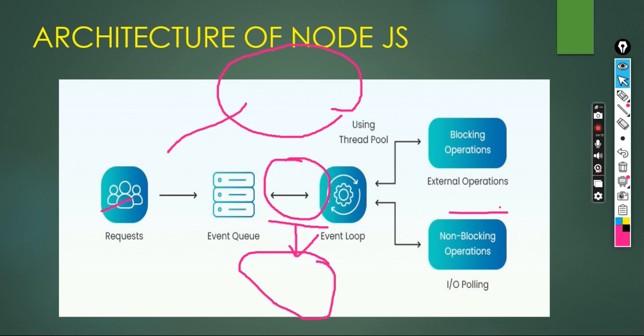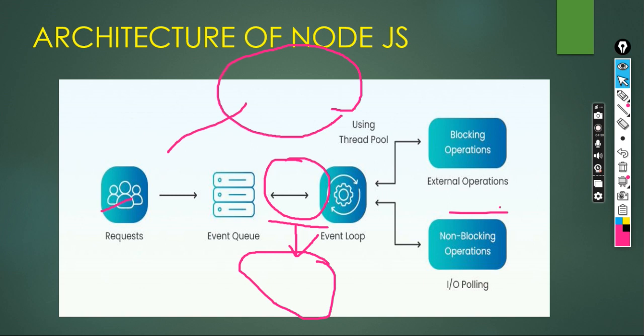So tasks can run simultaneously. This is asynchronous. And I told you it handles requests with a single thread event loop, right?